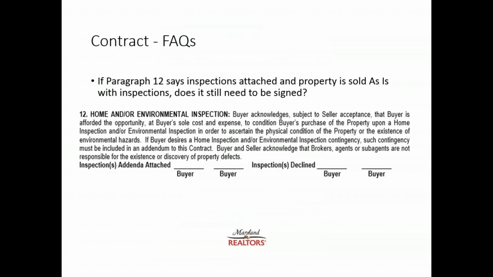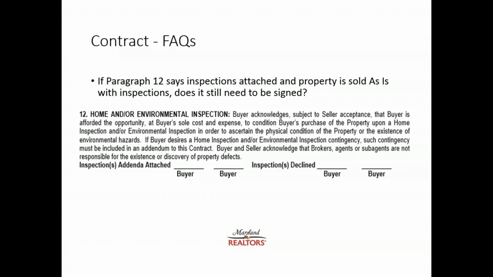All right, we'll go on. Paragraph 12. If paragraph 12 says inspections attached and property is sold as-is with inspections, does it still need to be signed? We've talked about this, and if the parties are using the as-is addendum with inspections, then we say go ahead and have the buyer initial that.